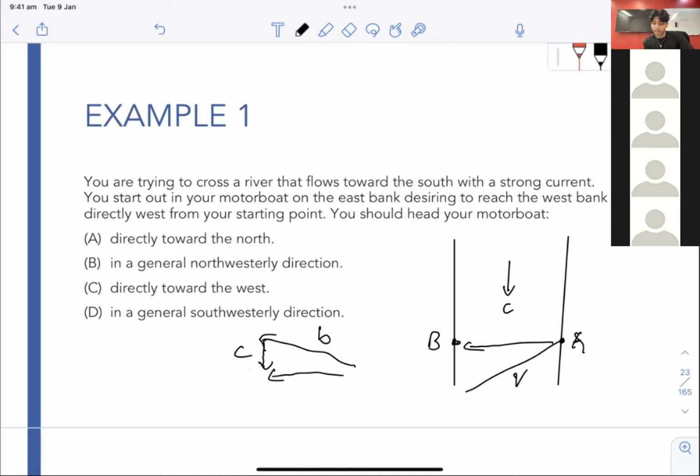So by rowing in a generally northwesterly direction, northwest being this way because north is north and west is here, we're negating the effect of the river. Once we go a bit north, the river will take us a bit more south and we end up where we want to be. So the answer here is going to be B.